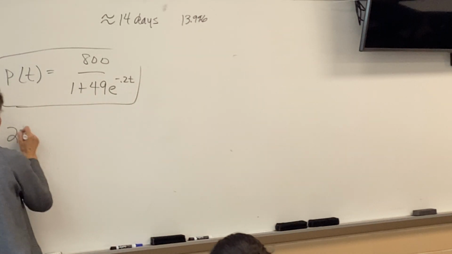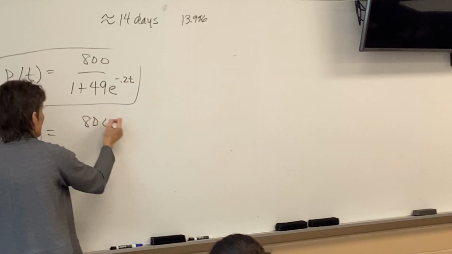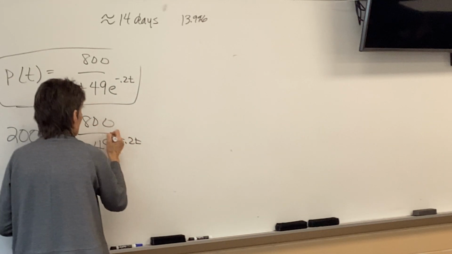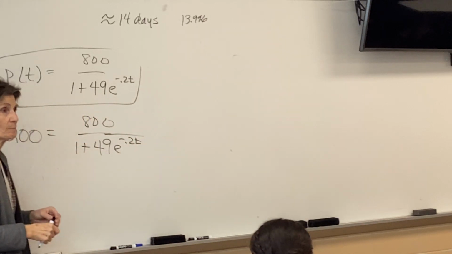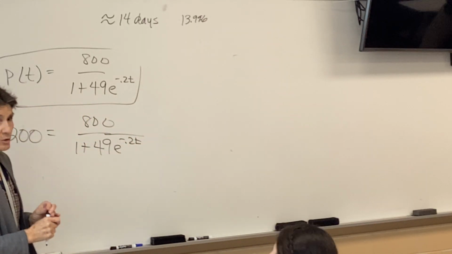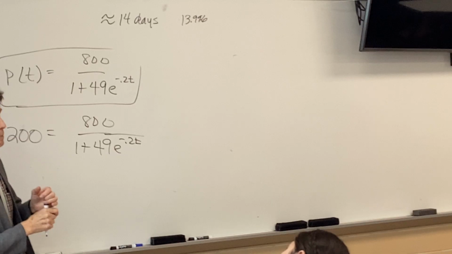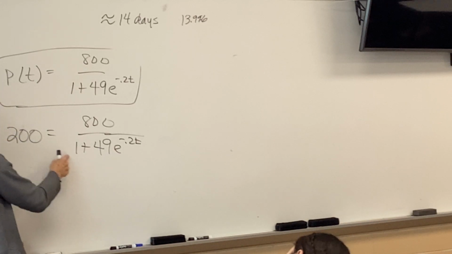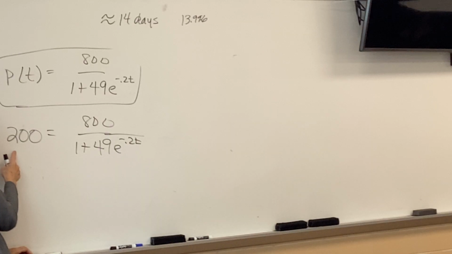So 200 equals 800 over 1 plus 49 e to the negative 0.2t. You and I have not solved something like this before, but you certainly did last year. So pay attention. We're going to multiply the denominator over to here.